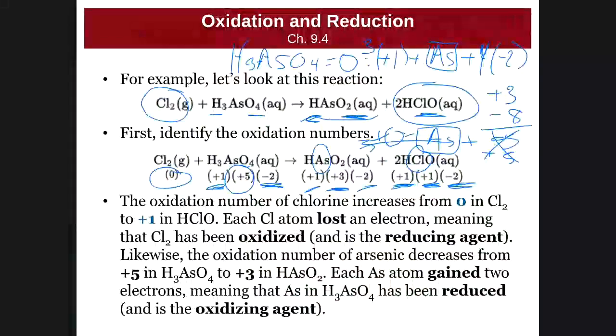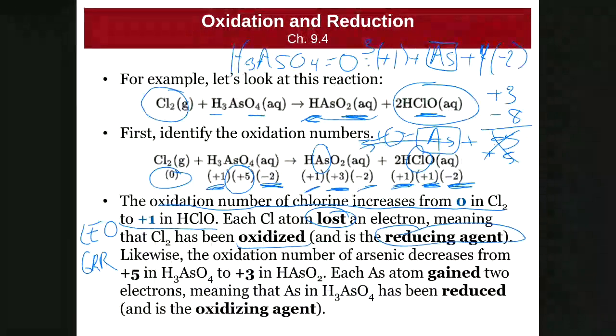Because the oxidation number of chlorine increased from 0 in chlorine gas, that means the chlorine atoms lost electrons, and from LEO the lion goes GER, that means it lost electrons, so it was oxidized, which by our definition means that chlorine gas was our reducing agent. Likewise, the oxidation number of arsenic decreased from +5 to +3.